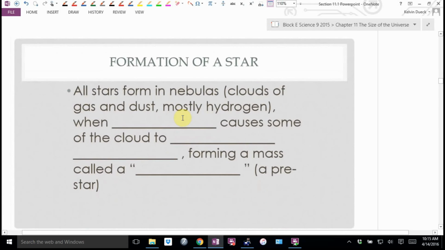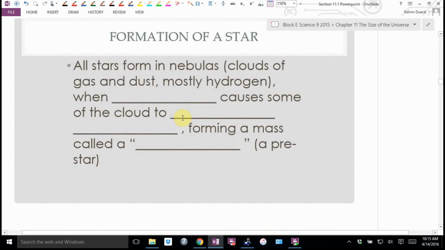So how does a star form? Let's get into more detail. So all stars form in nebulas. By the way, the plural of nebula is really nebulae, but I figured that would scare you, so I just put an S on the end of the word nebula, nebulas. Clouds of gas and dust, mostly hydrogen.